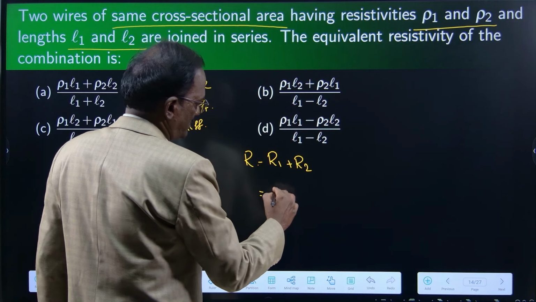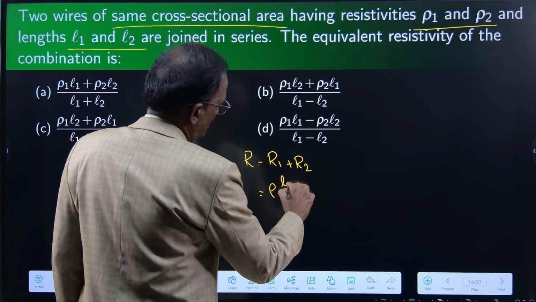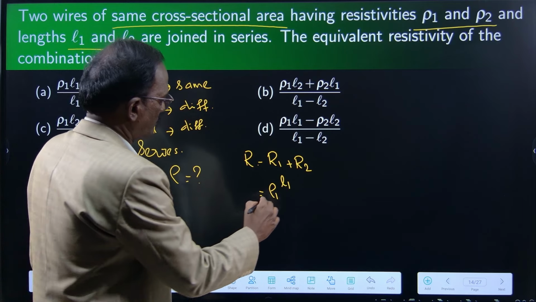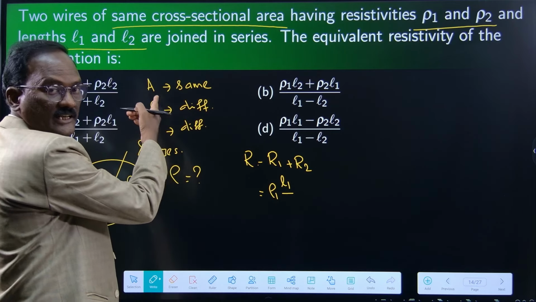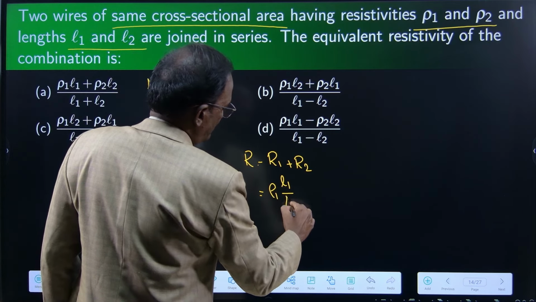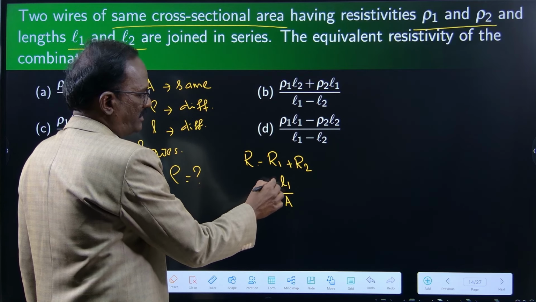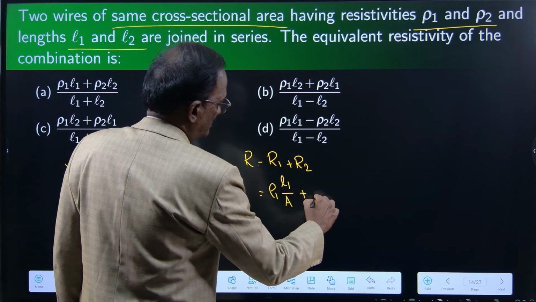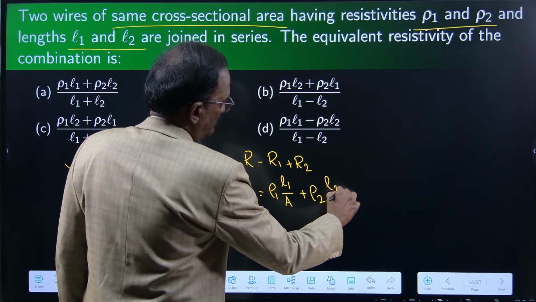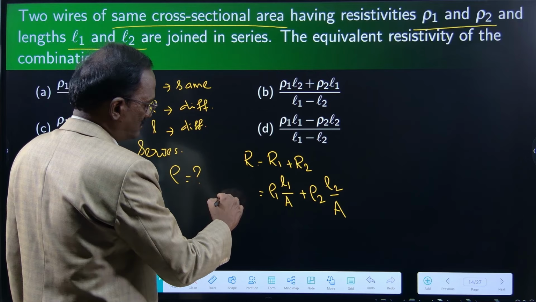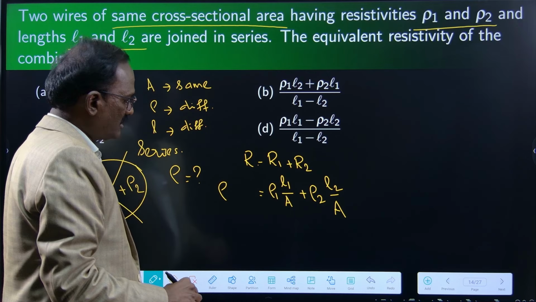So R1 is equal to rho 1, L different, so L1, but cross sectional area is same, so A. Resistivity different, length different, plus rho 2 L2 by A. This R, the equivalent value, rho.